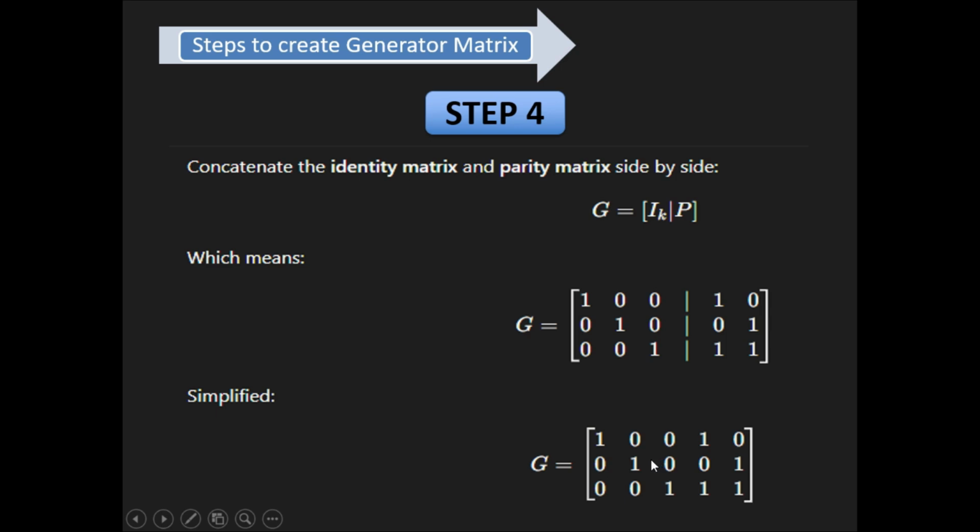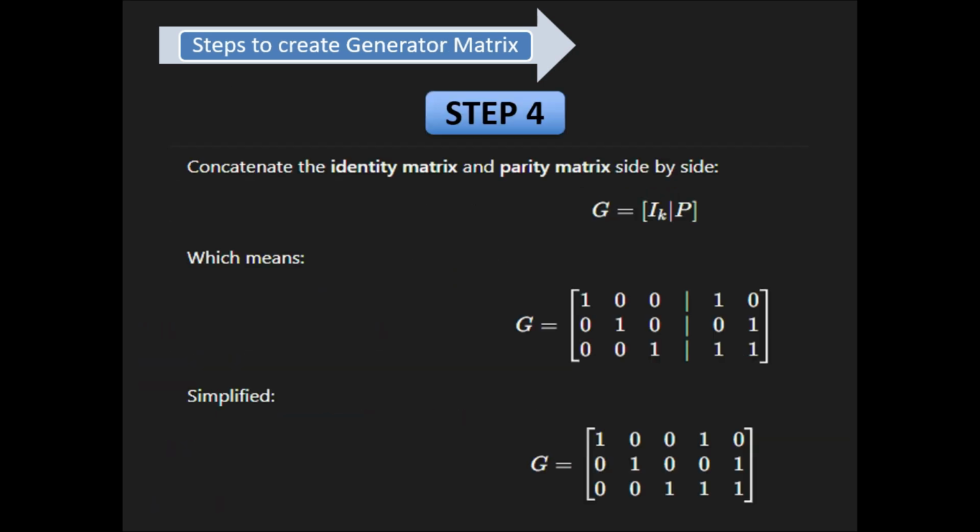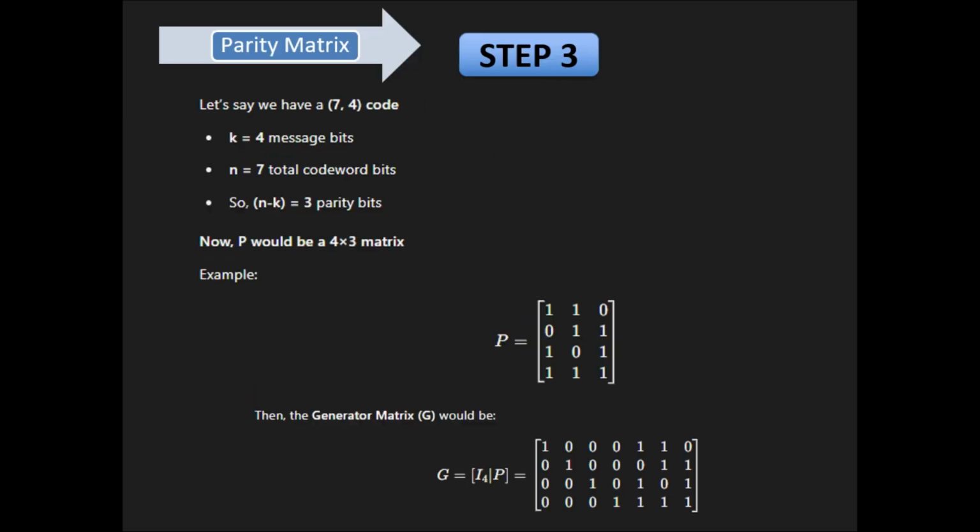With this identity matrix we add 2 more columns, which will be calculated. 3 plus 2 is equal to 5. So 5 is the total code word length, and 3 is the message bit length. (5,3) will be the linear block code for this example, and the other one will be (7,4).